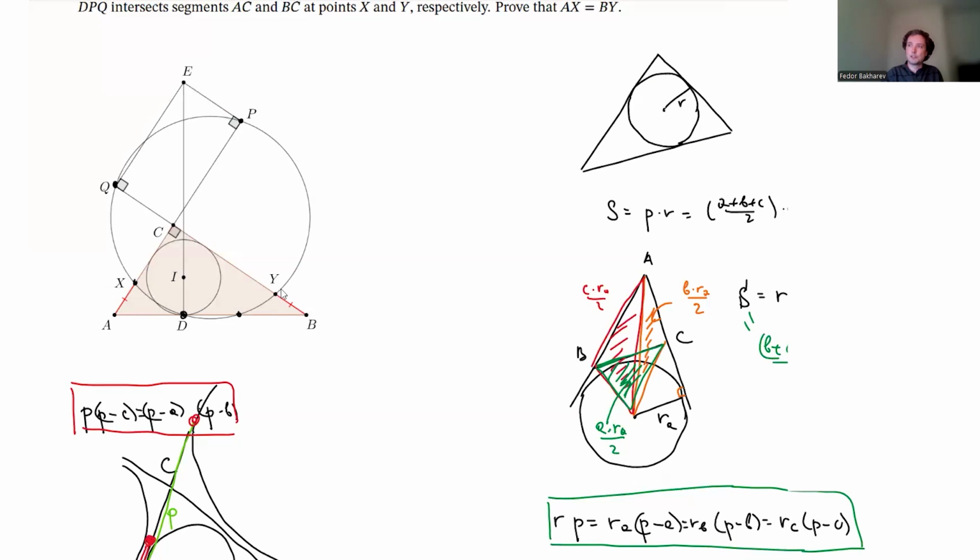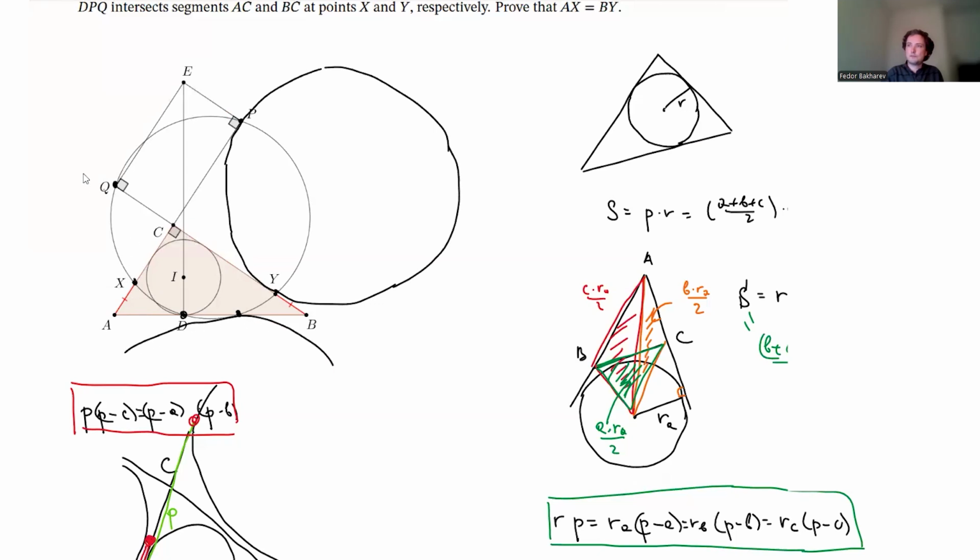So these points are points of tangency of the x circle of the triangle. So here I could draw this circle. Here also it will be x circle, and here x circles.